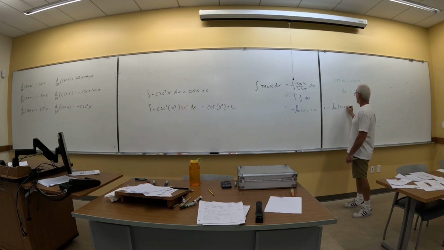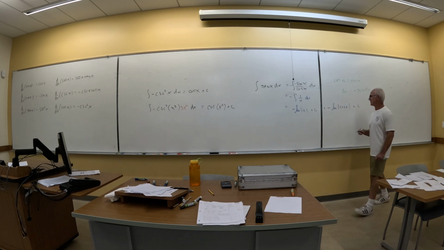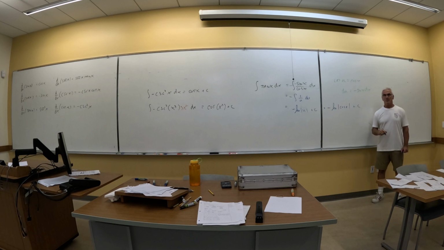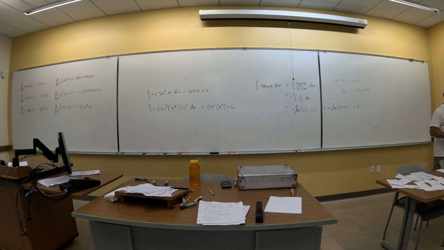Cosine. Now, everything we said is true, everything we said is correct, but that's not the final answer we want for two reasons. One is I don't like the negative in front. You don't have any antiderivative formulas that have a negative in front of a logarithm. And secondly, the antiderivative of tangent is actually always positive.